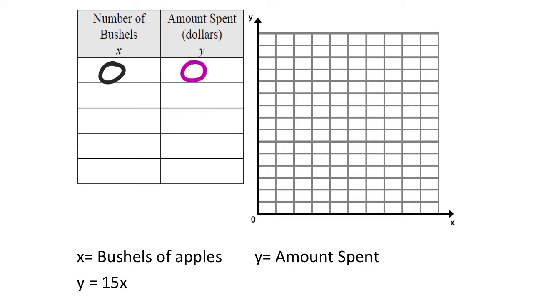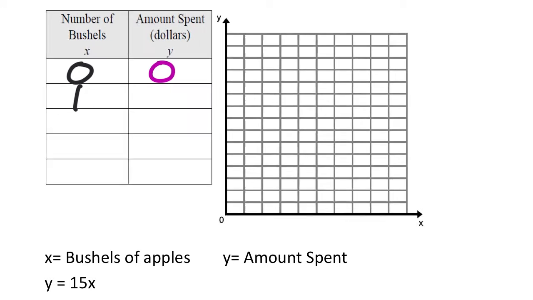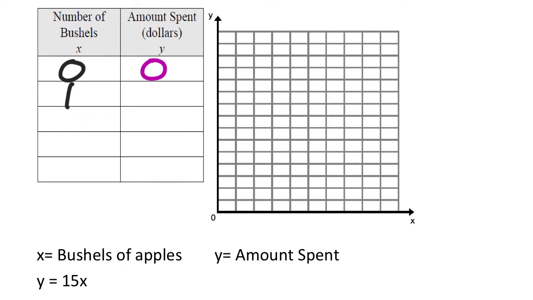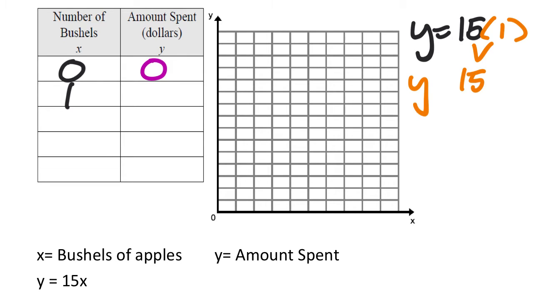All right. Now next up, it says 1 bushel, and I'll do the work over here actually. So here we have the equation, y equals 15x. And right here we're saying the x value is 1. So I'm going to replace the x value with 1 and solve for its corresponding y value. So that's 15 times 1, which is 15.